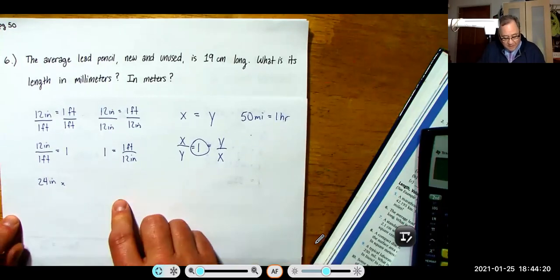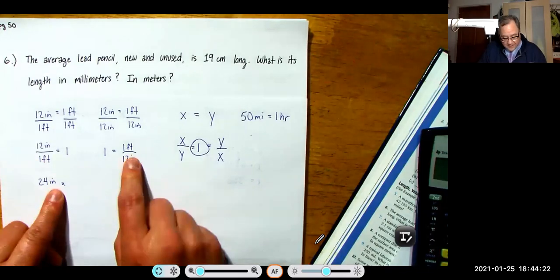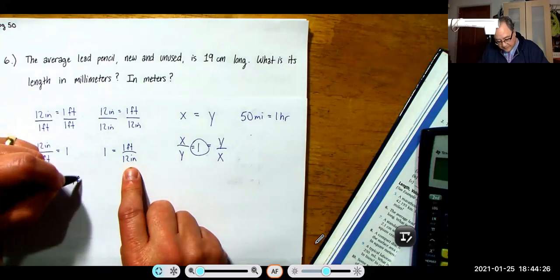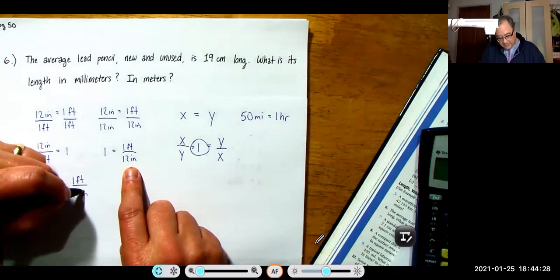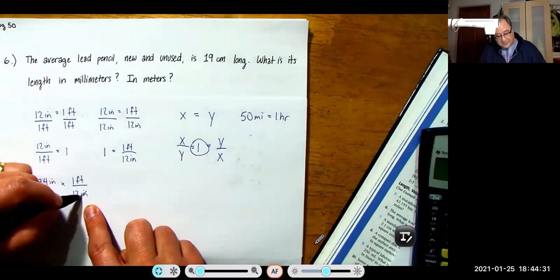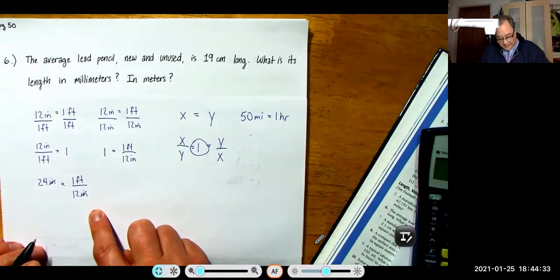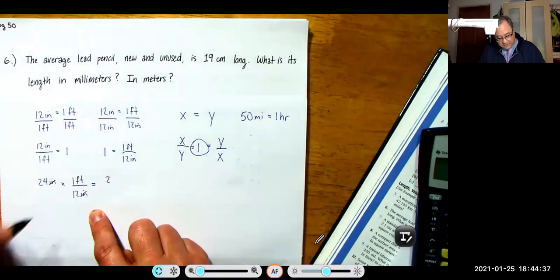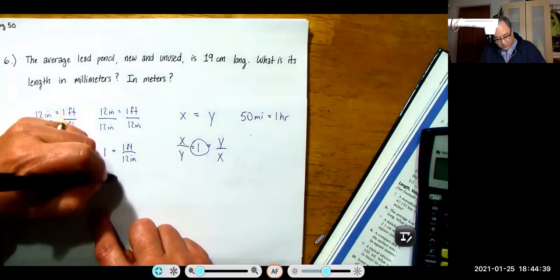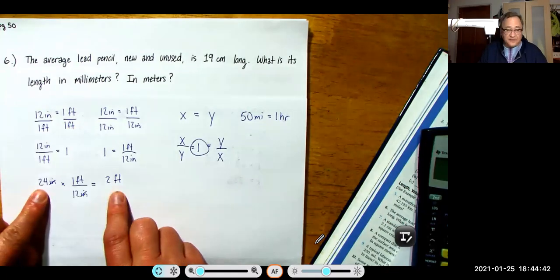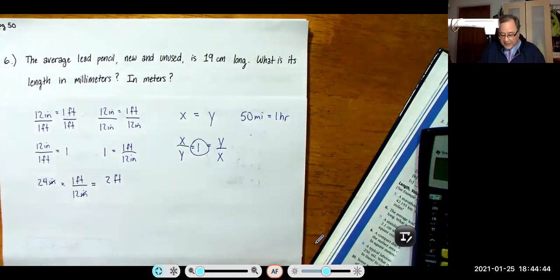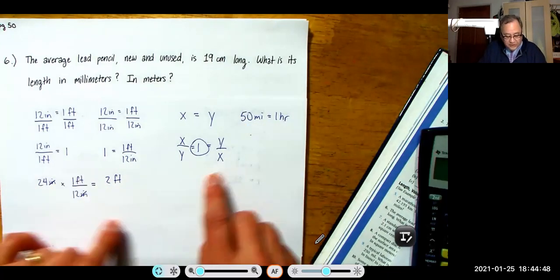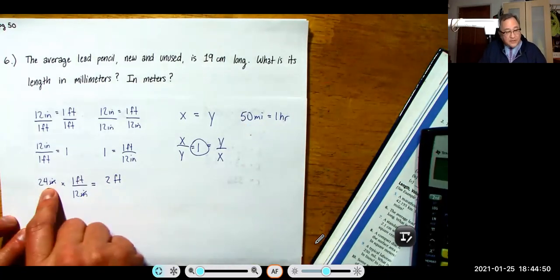So am I going to multiply it by this one or this one? And the answer is I'm going to use this one because the inches will cancel. 12 goes into 24 2 times. Feet doesn't cancel. We've just proved that 24 inches is indeed 2 feet. So that's how you use equalities to make conversion factors and then use them to convert from one unit to another.